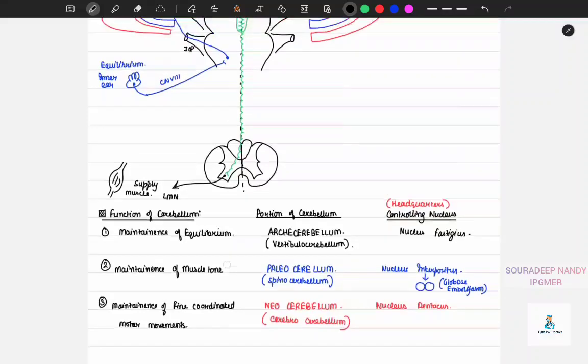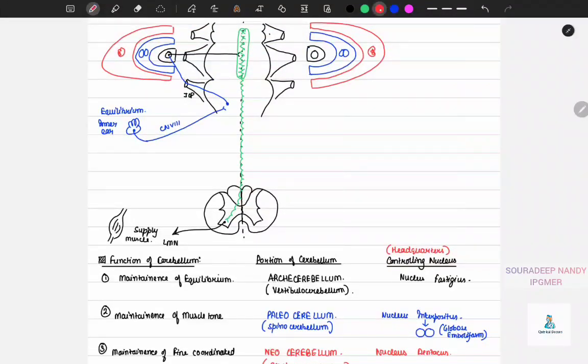Now maintenance of muscle tone. Here we have the receptor of muscle tone, the muscle spindle. From the muscle spindle, the information is carried by the posterior and anterior spinocerebellar tracts.